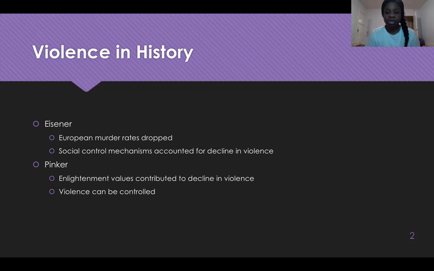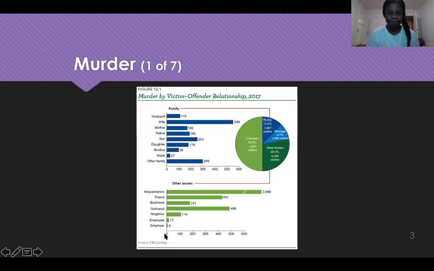Data also shows clearly that violence can be controlled and that violence may be the default option when controls are lacking, as social control theories maintained in our previous chapters.